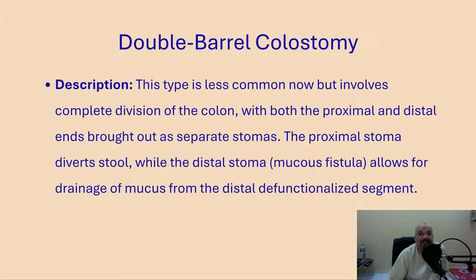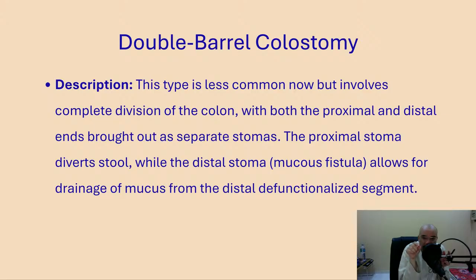This is less common, but it involves complete division of the colon with both proximal and distal ends brought out as separate stomas. It is similar to the loop, but the two openings are much closer to each other, and the mucous fistula, the inactive stoma, will be smaller.